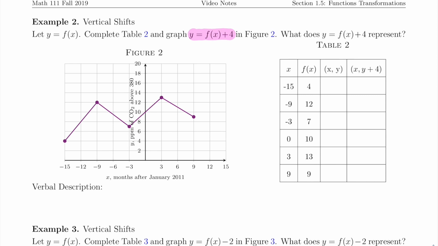So for our first point, negative 15, 4, if we add 4 to that, it will now be at y equals 8. So all our points have shifted up, and all we need to do is connect our data points. And so here we see that our graph has simply been shifted up 4.